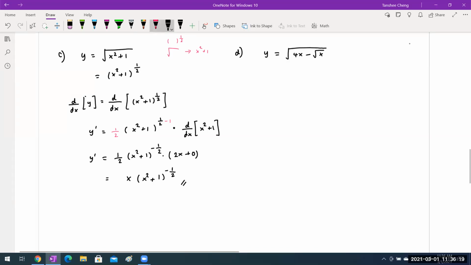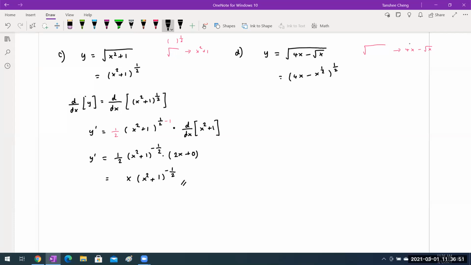So for this problem, I can see that the most outer function will be my square root function, and the inner function will be 4x minus square root of x. Binomial right there. So I will rewrite it as a power function on each of them to make it easier for myself. So that means it will be 4x minus x to the 1/2 power, quantity to the 1/2 power.